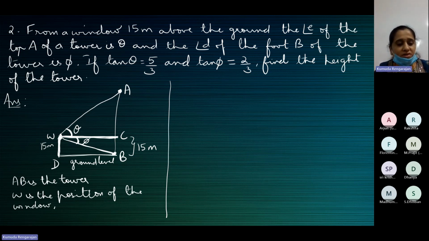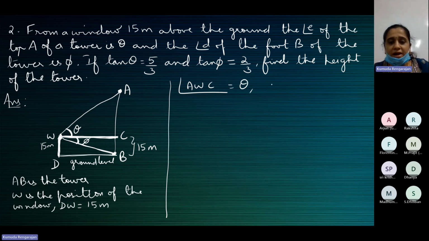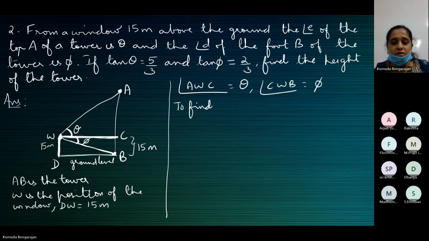You can just write dW is equal to 15 meters. Then you can mention the angles. Angle AWC is equal to theta and angle CWB is equal to phi. Now we need to find AB, but it's enough to find AC.